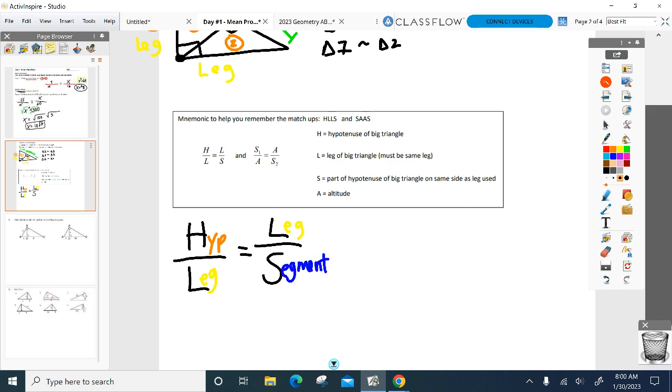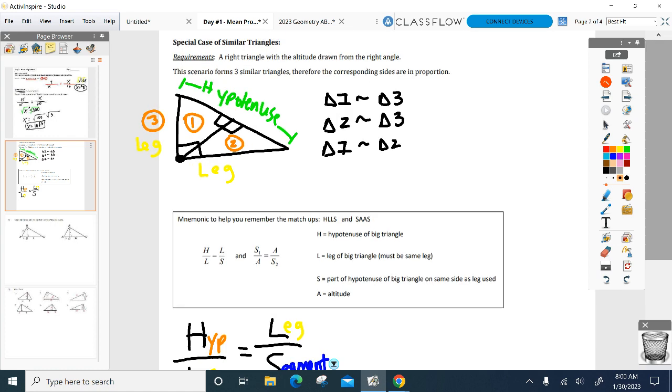What does that mean? When we drew our altitude to the hypotenuse, do you see how it broke it up into two pieces? Those are the segments. All right, right here. Segment, segment. But which one do I use? Do I just 50-50 it?